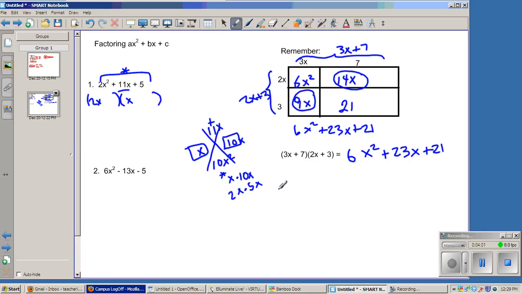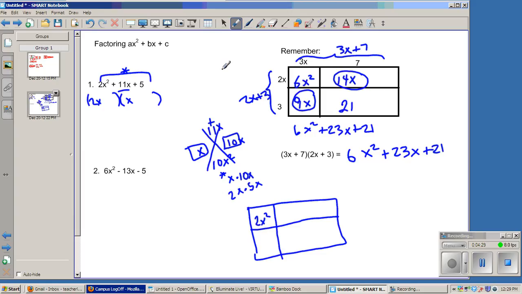The reason I did that was because I'm going to use this same model of a rectangle to figure out what my factors are for that trinomial. Now, what I'm going to fill in here, the first term's going to go up here, just like it did in the picture that I showed you over here. So 2x squared is going to be filled into that box.